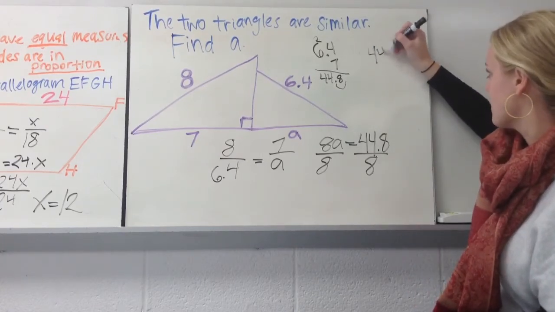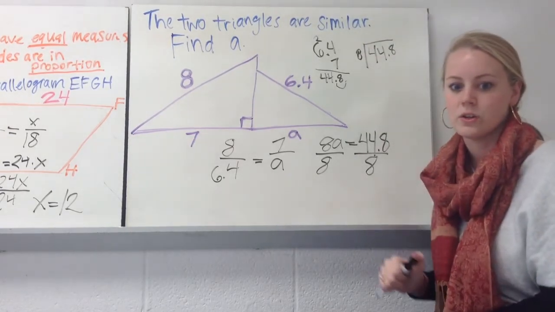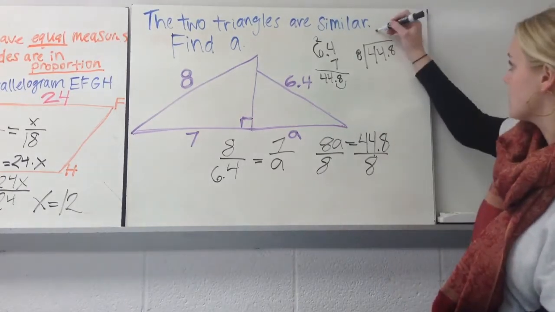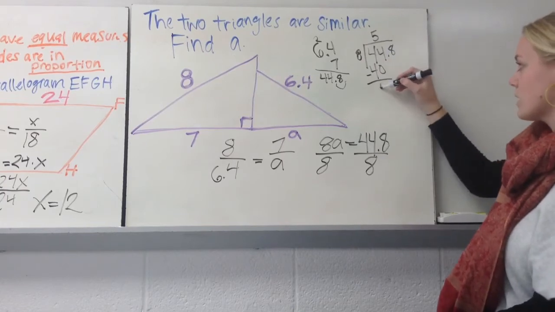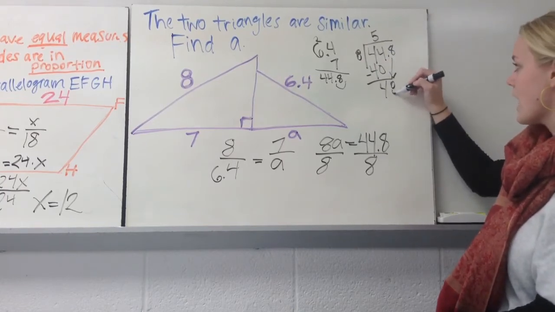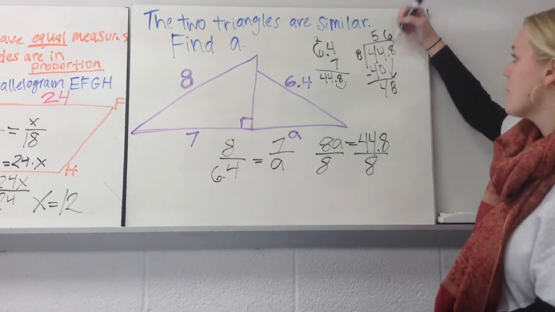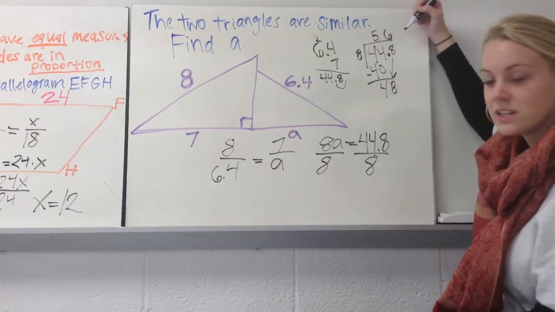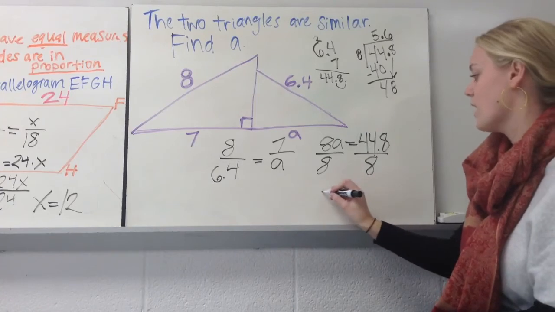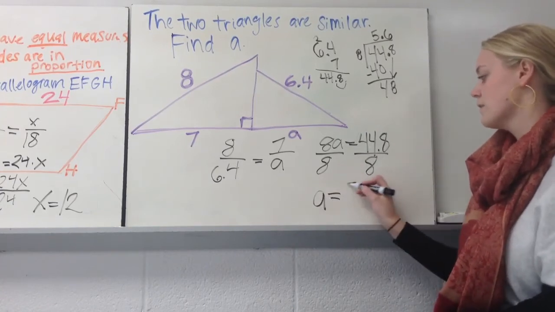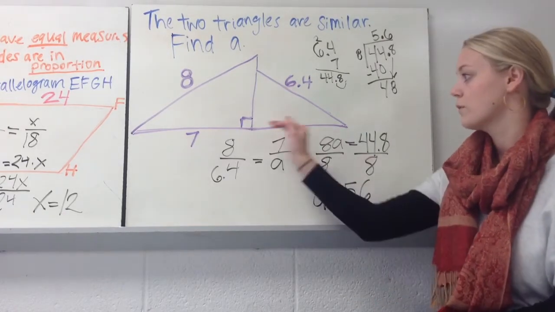Let's go ahead and set this up. 8 goes into 44 5 times. 8 times 5 is 40. 44 minus 40, we have 4 left over, and we bring down our 8. 8 goes into 48 6 times, but we cannot forget we have a decimal in this number. So we bring this decimal straight up above the fraction bar. So our A equals 5.6. And we just now solved for this missing length.